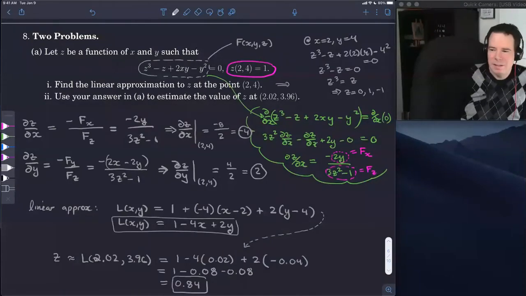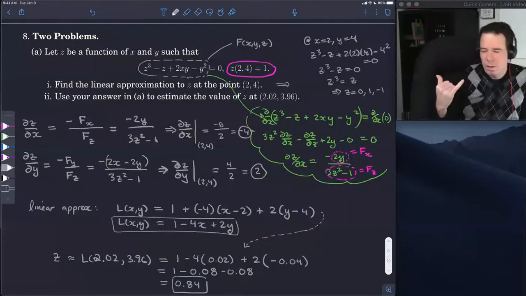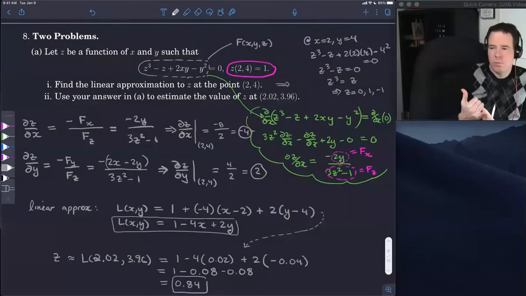Now, when you're doing these kinds of questions, I really do want you to think, what's going on? What's happening? What are these numbers telling me? Part of this is, we can just think, I'm standing at the point (2, 4), x equals 2, y equals 4, and a particular z value. I'm not too concerned about the z value just yet, because I want to know how things are changing.